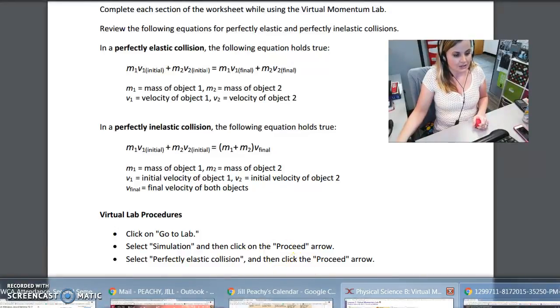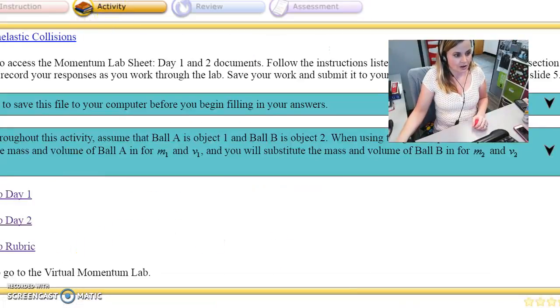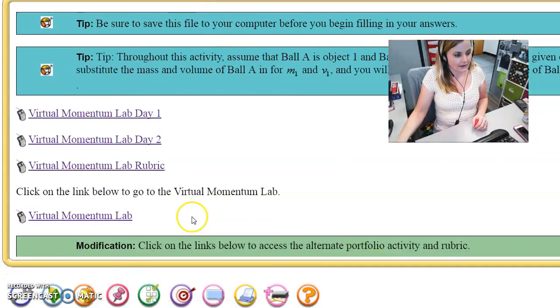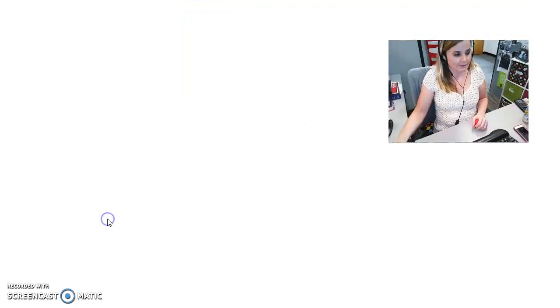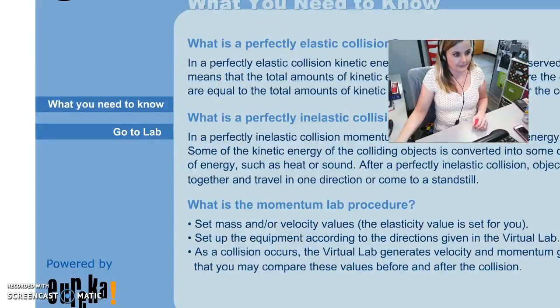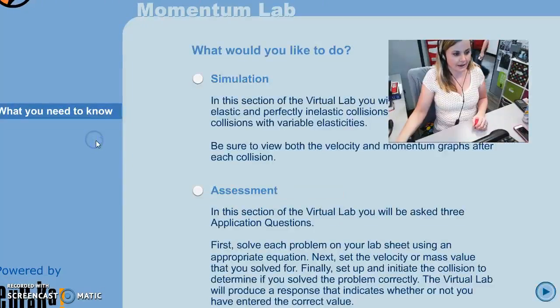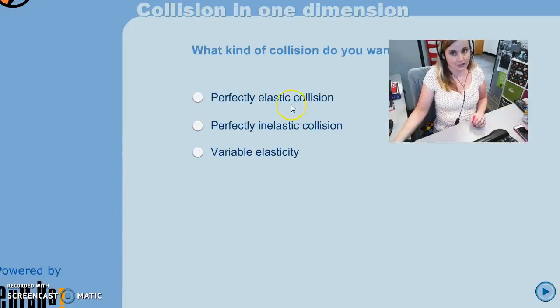So going back to our lesson viewer, we're going to click on the virtual momentum lab at the bottom. It takes you to this page, and then you click go to lab, then you click simulation, proceed, and then you get to select whether you're going to do perfectly elastic or perfectly inelastic, and it will tell you that in the directions, so I'm not really going to go through that part with you.